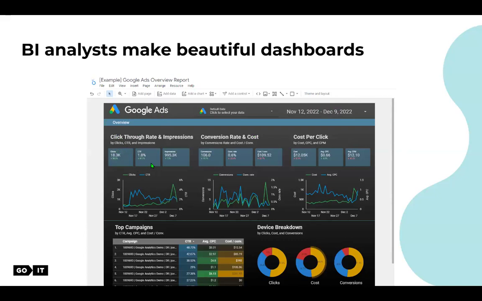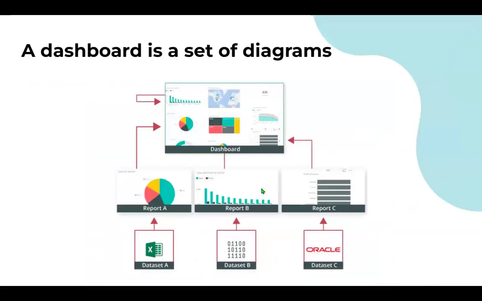So these blue boxes will be like your cards. They will only show one specific type of data. So we usually will use this if we're showing numbers. Then you'll have your charts here.